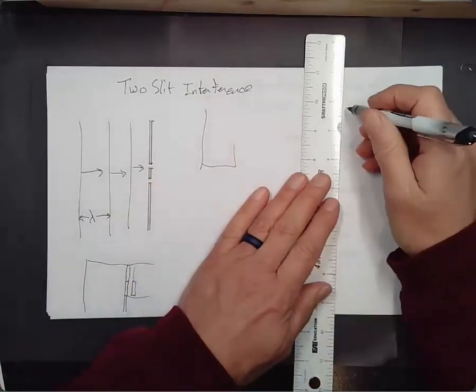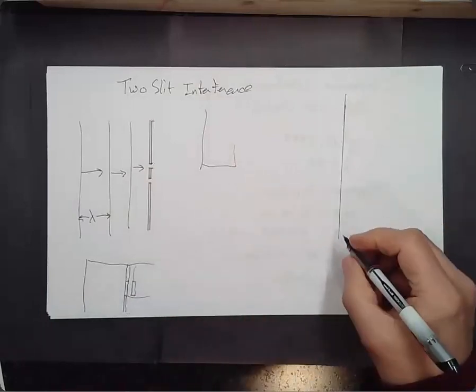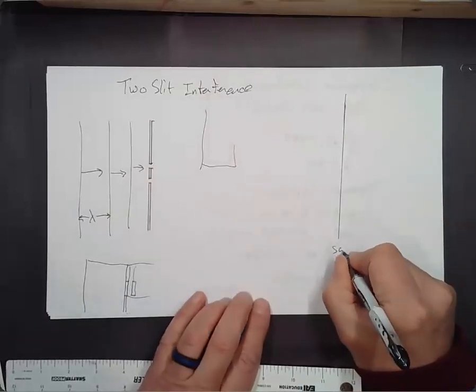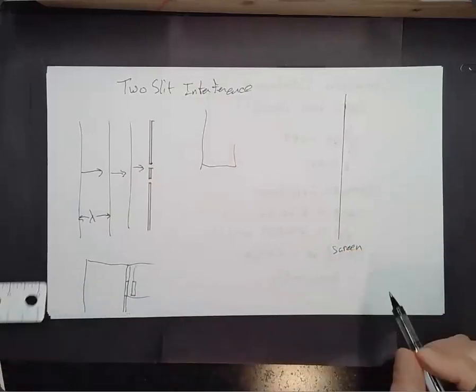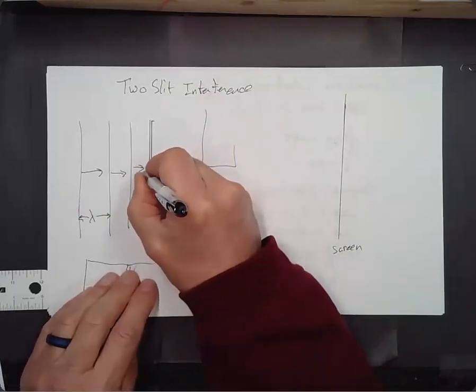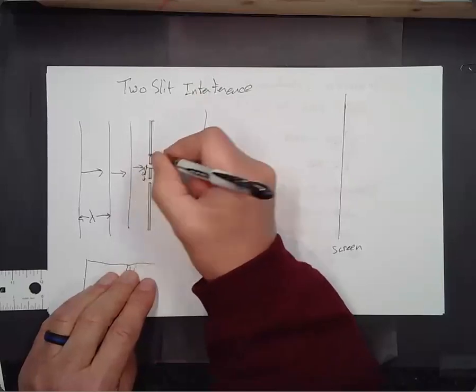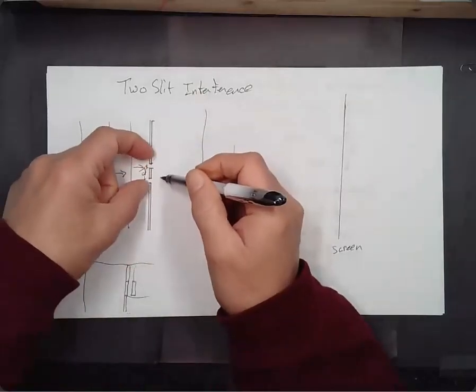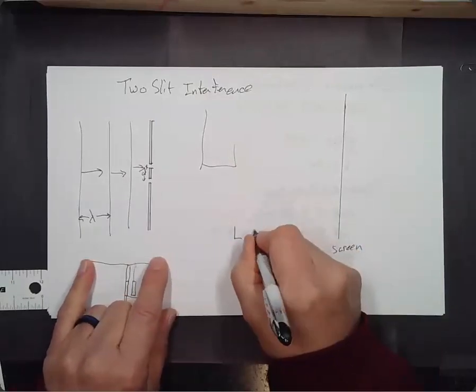Now, an approximation that we're going to make for these things is we'll imagine that there's some viewing screen that we can see these things on. And one thing is that the separation between these two slits, which we'll use a lowercase d for, is going to be way less than the distance to the screen.